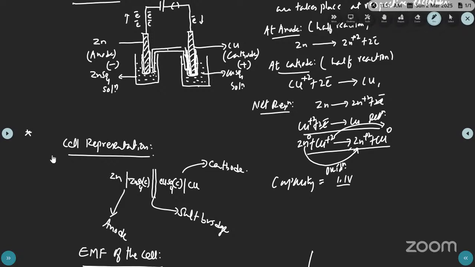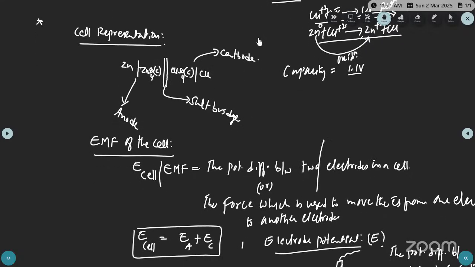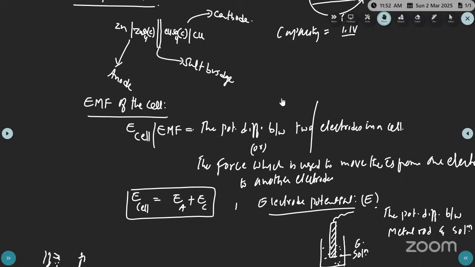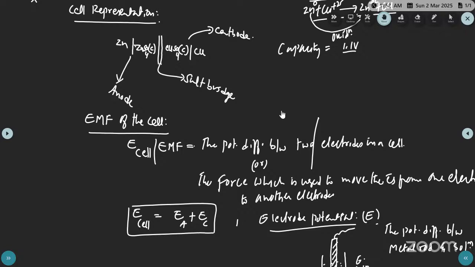Cell representation. This is salt bridge, and this is anode, and that is cathode. Next, write the EMF of the cell.